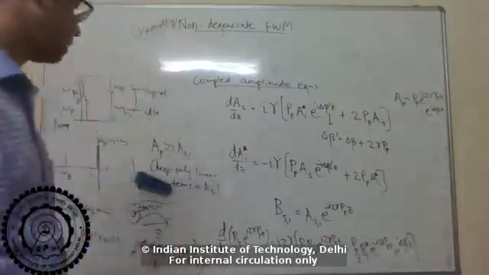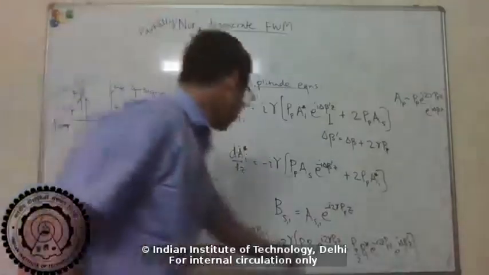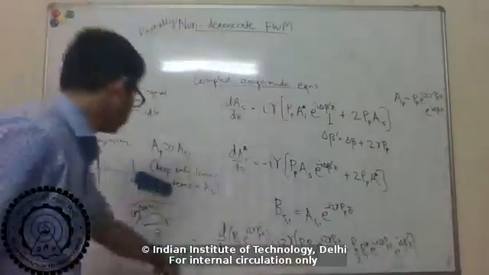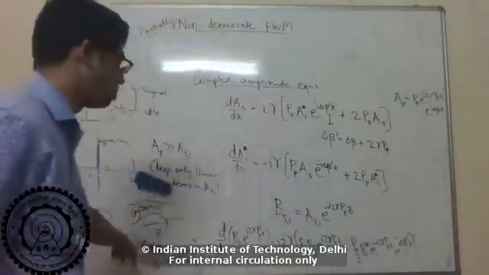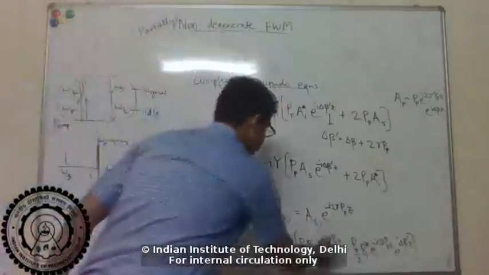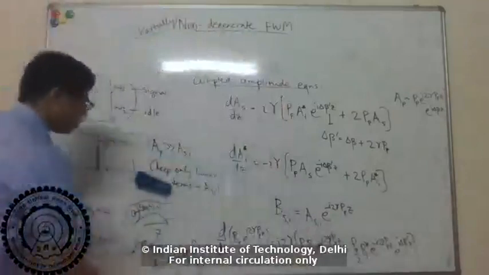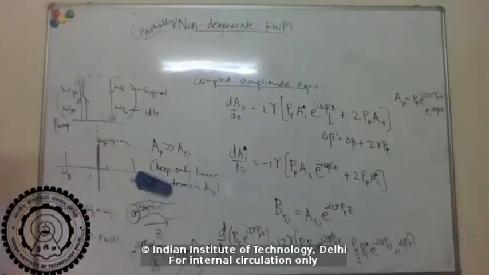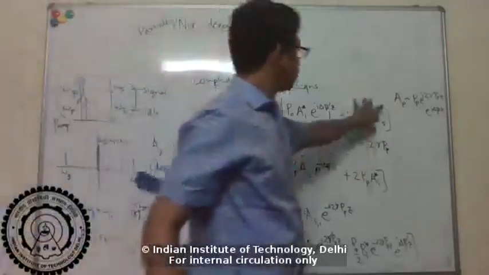Right, so you can see that this term will get cancelled out: i 2 gamma Bs times e to the i 2 gamma P z. This term gets cancelled out. So basically we got rid of this term.